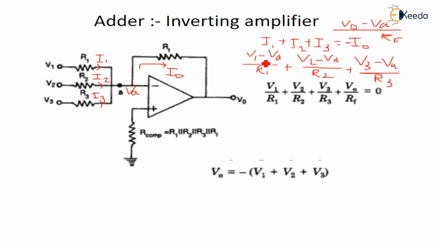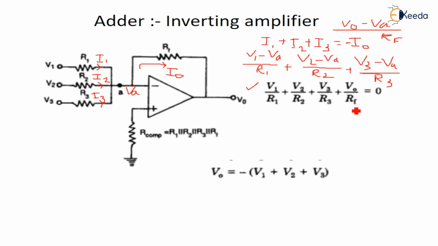So after simplification, it will give the equation like V1 divided by R1 plus V2 divided by R2 plus V3 divided by R3, and on the other side will come V out divided by RF.